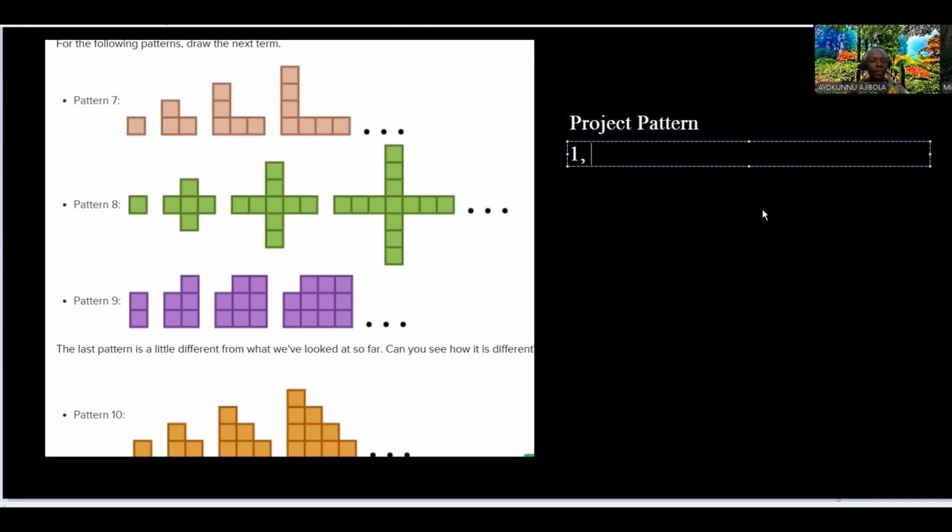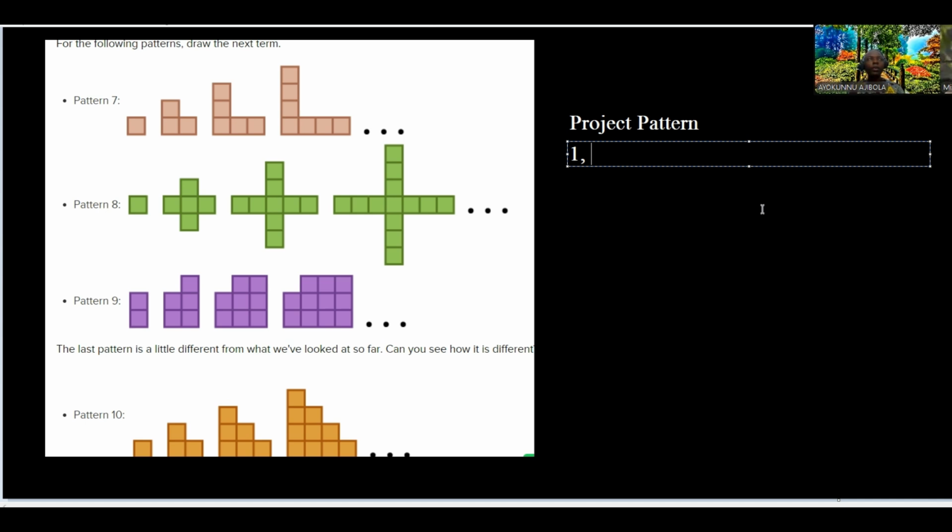Starting with one, what should our next number be? Just give me any number. If you give two, that means you just want to go by one, two, three, four, five, and that will not look much like a project.